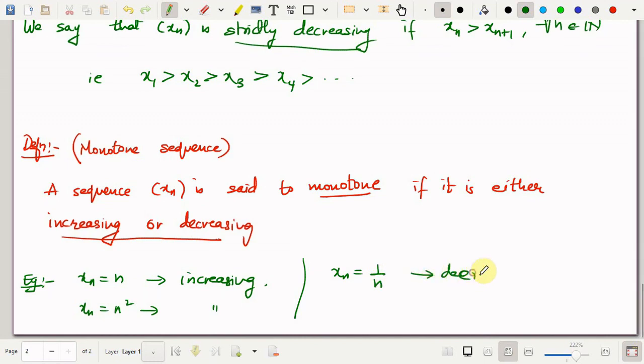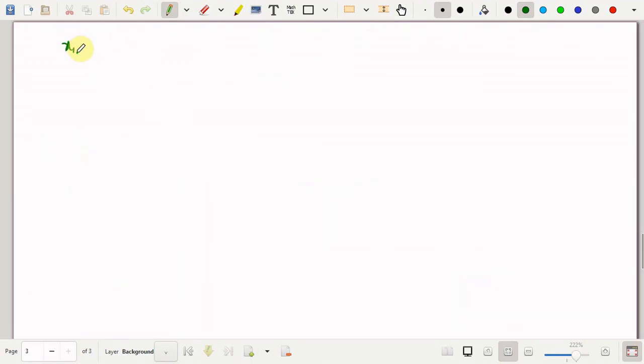Then if I consider xn equal to 2 raised to n, this is increasing. Again, if I consider xn equal to 1 by 2 raised to n, this is decreasing. Now there are certain sequences which are neither increasing nor decreasing, and that's why they are not monotone. All these examples are of monotone sequences.